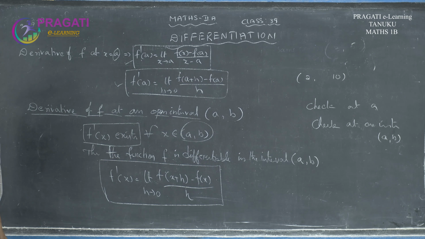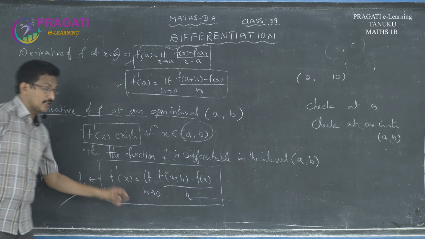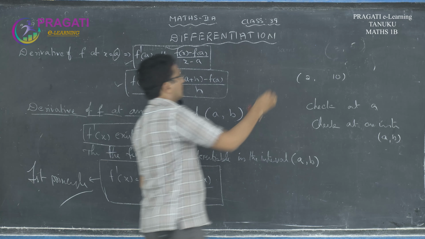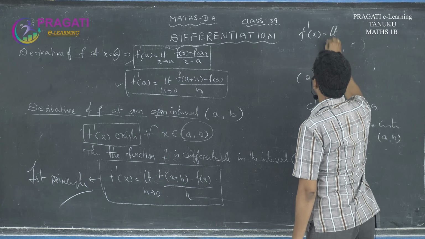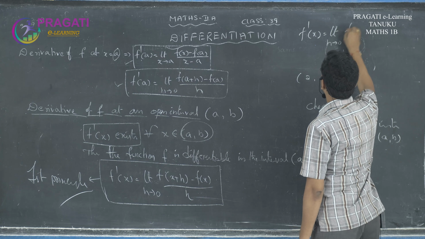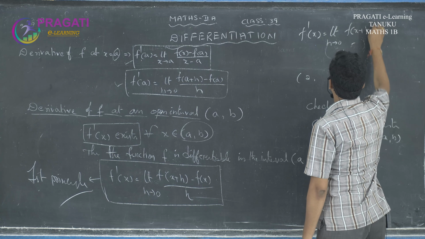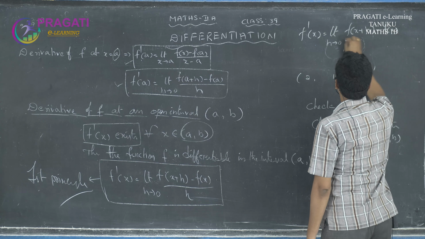Okay, here there are two formulas. It is also called the first principle. First principle is the formula. It is the most important formula. f dash of x is equal to limit h tends to 0, f of (x plus h) minus f of x, by h.